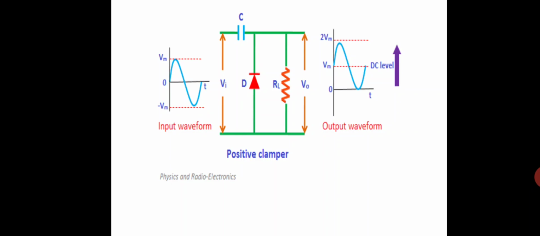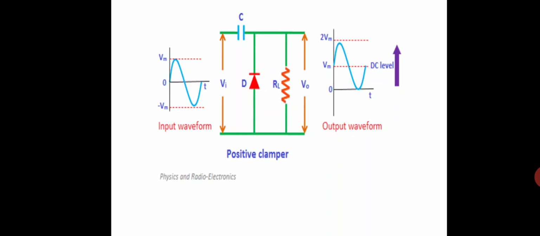So we discuss different types of positive clamper circuits with a biased positive clamper circuit. When a battery is added with the diode, it is called a positive clamper with bias. Bias can be placed as positive, negative, or reverse bias.